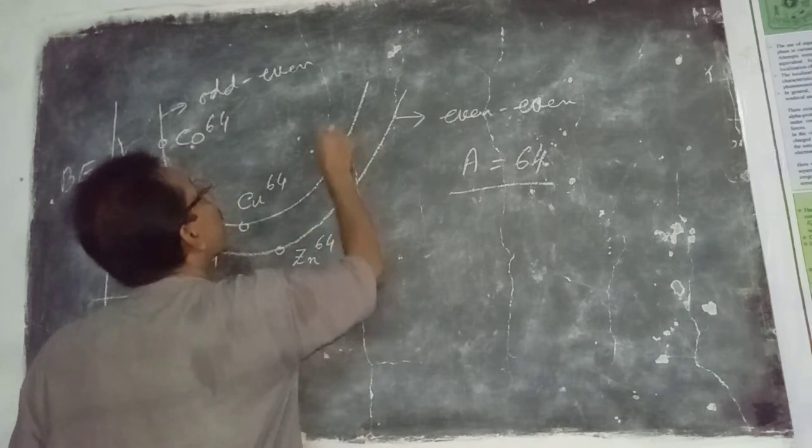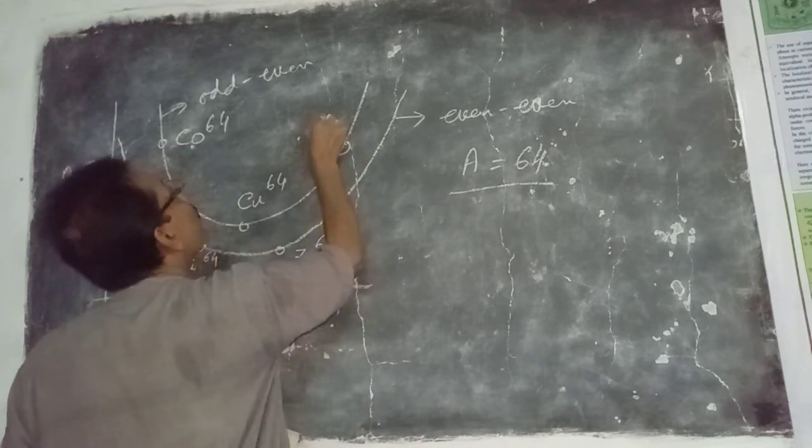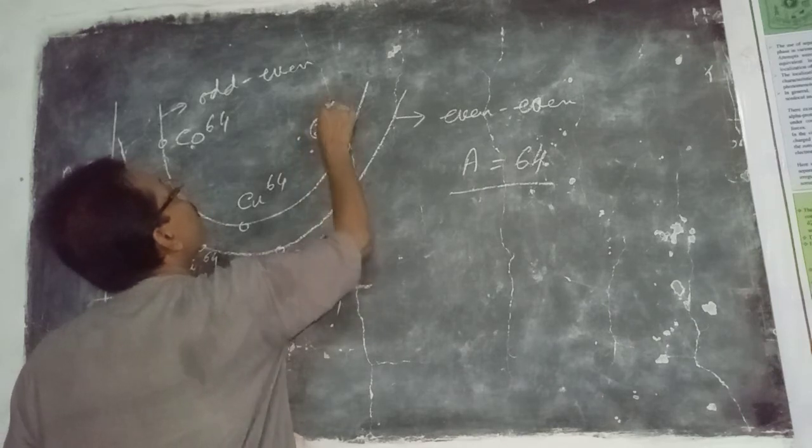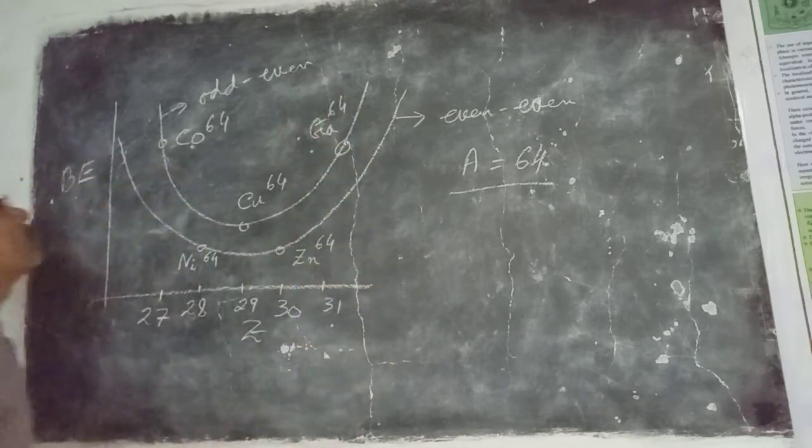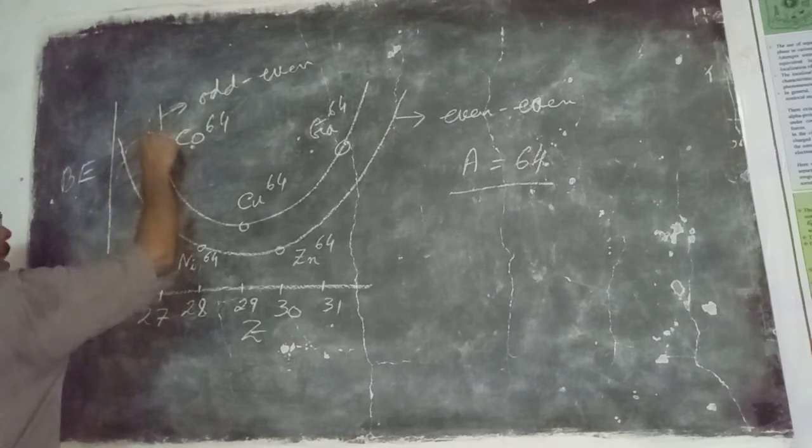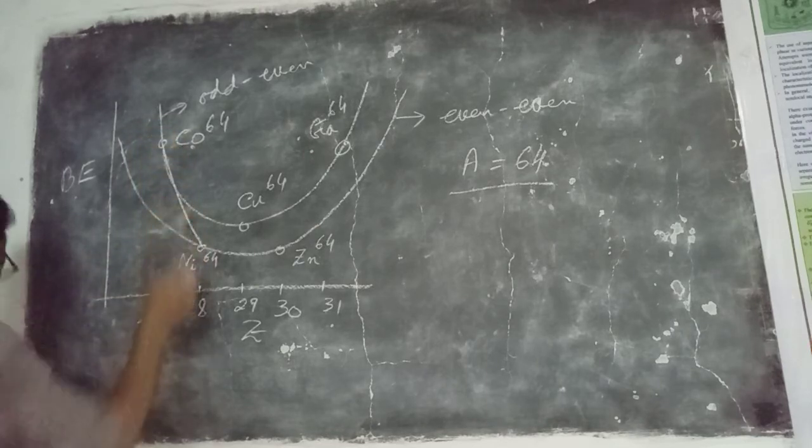And here you get Ga64. Now it comes from here to here.